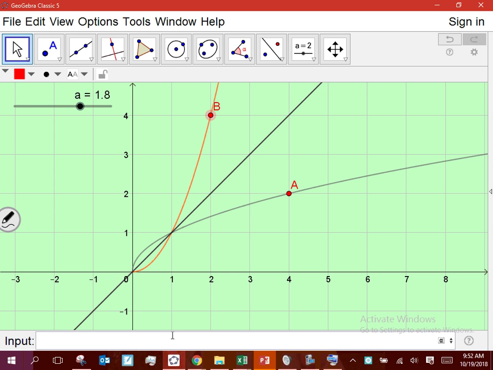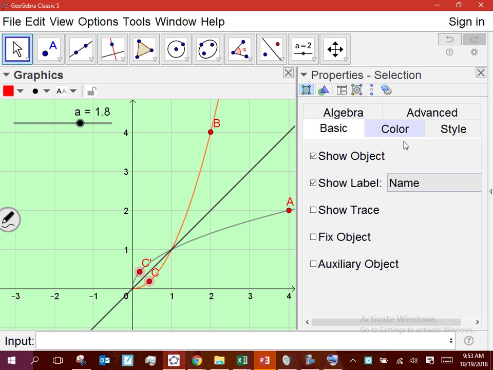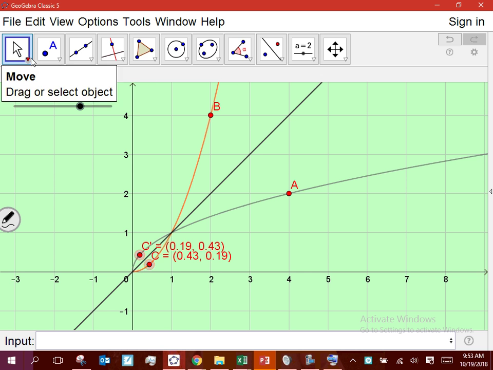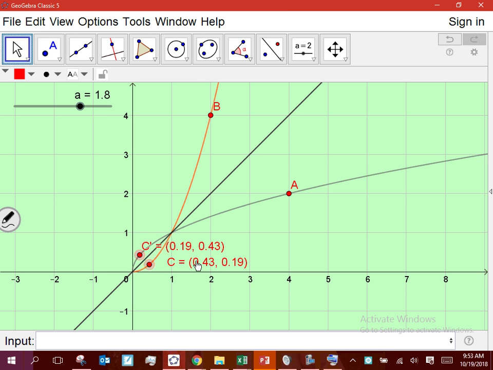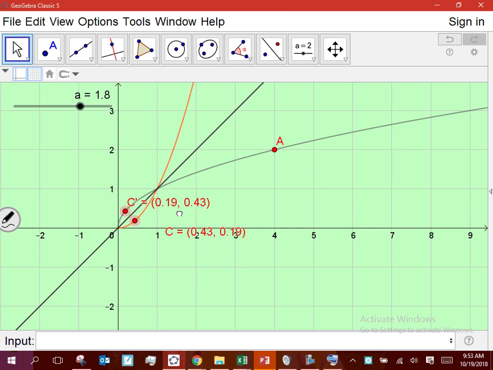Isn't it? Okay. The idea is if I take any point that is on this orange curve and reflect that point, all right, so C and C prime.